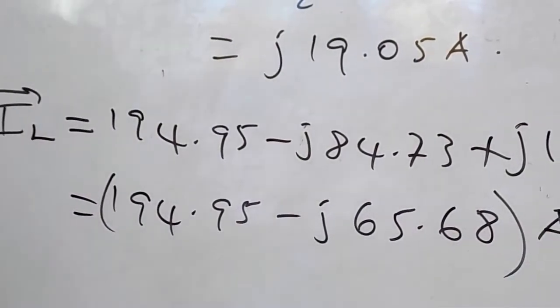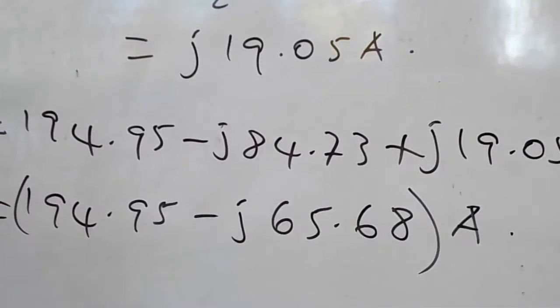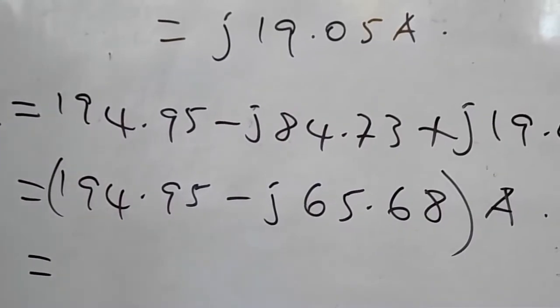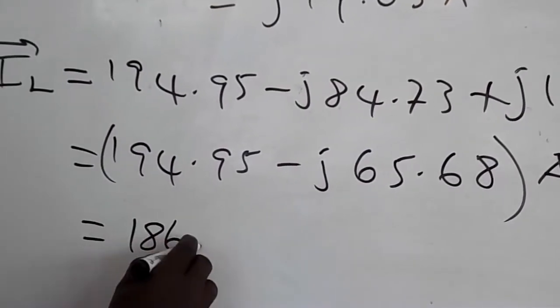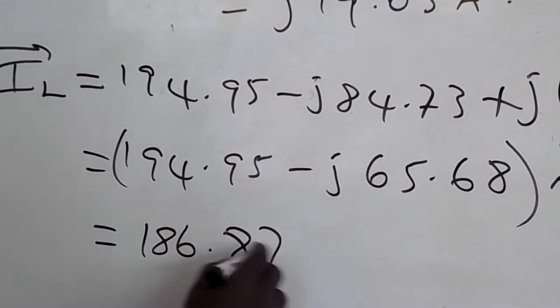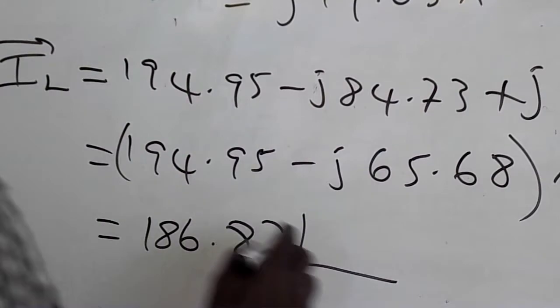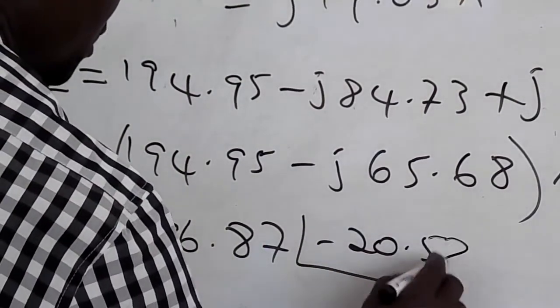That is in rectangular form, which we can also convert into polar form, and we get 186.87 at an angle of negative 20.58 degrees.